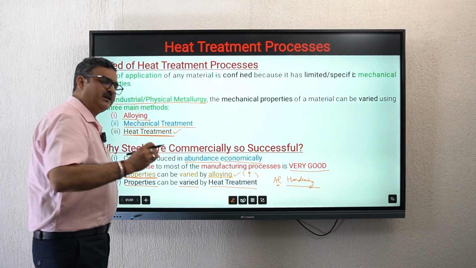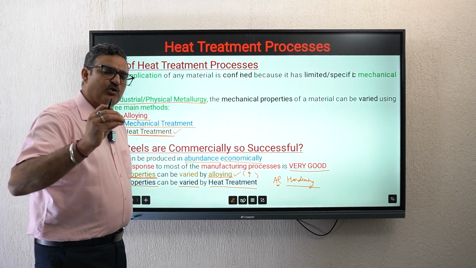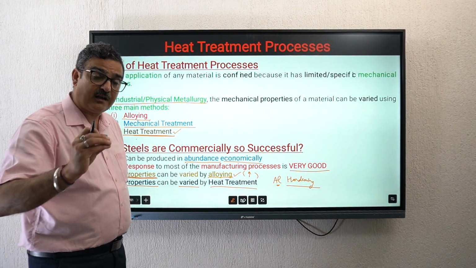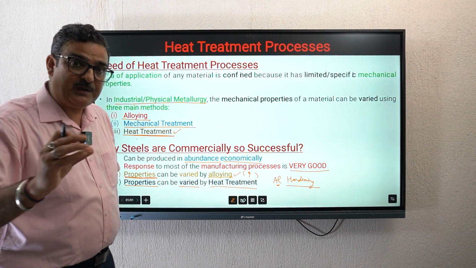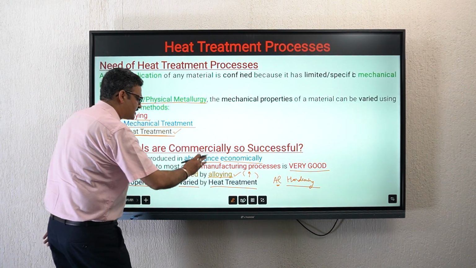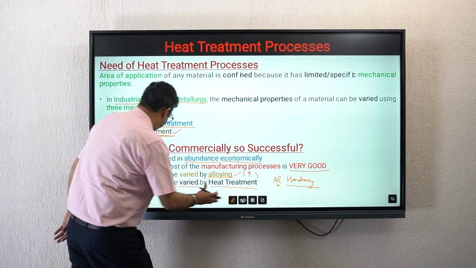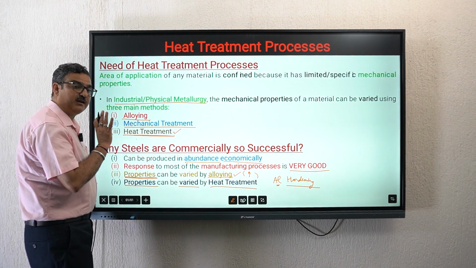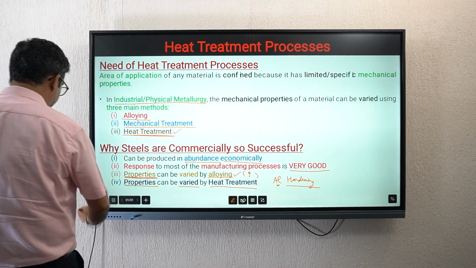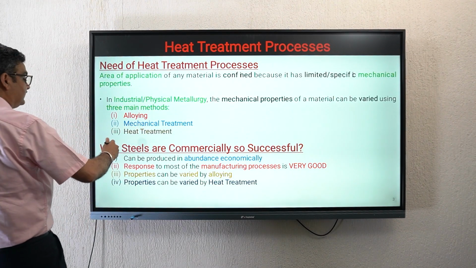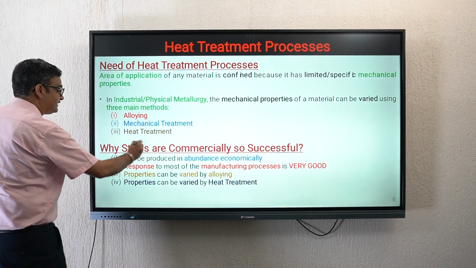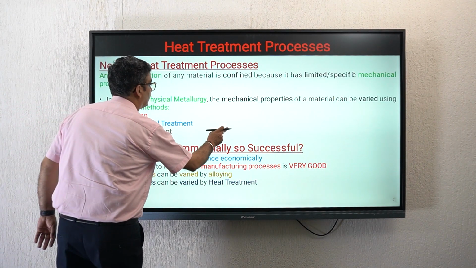But steel, whether it is annealing, normalizing, hardening, or tempering, will respond to every heat treatment and modify its properties accordingly. So this is why steels are so important. All these reasons make steels that important.